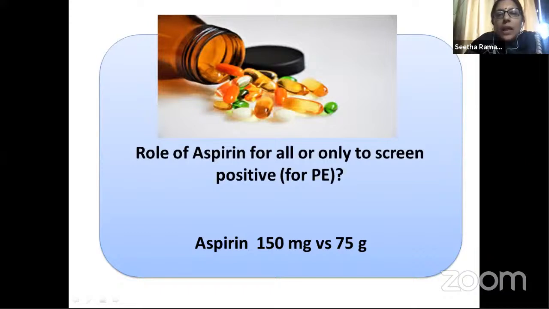Well, I think it's unnecessary giving any medicine, as the patient already has a lot of medicines to take. So if it is not indicated, you shouldn't, and it can cause problems as well in terms of acidity, gastroesophageal reflux and so on. And in fact, there was a study which showed that if they did a survey among all the patients, and if it was not indicated, the patients really didn't want to take it.